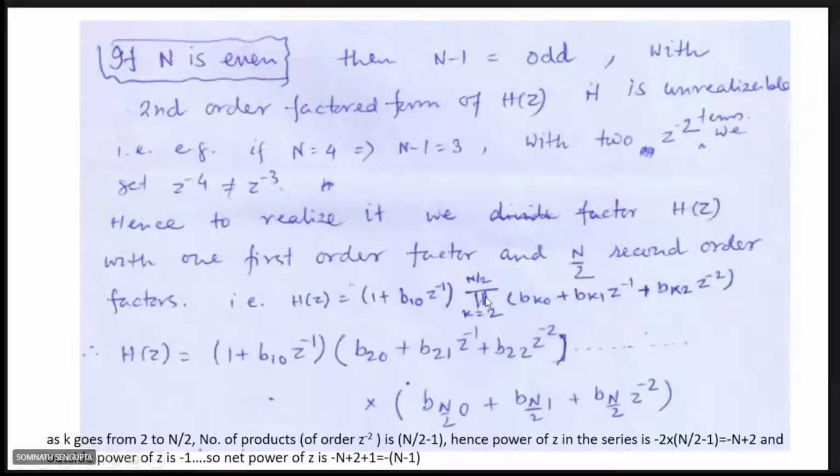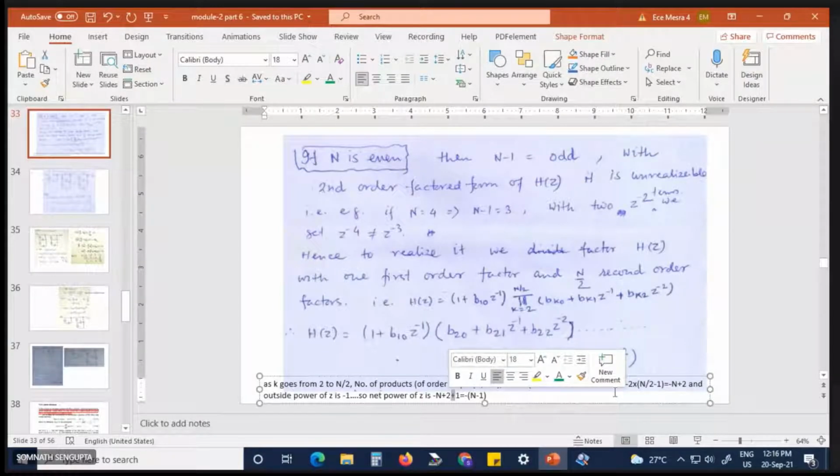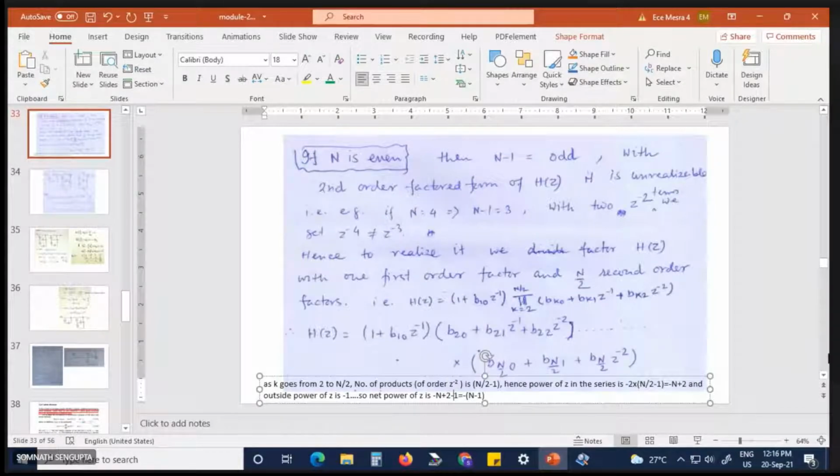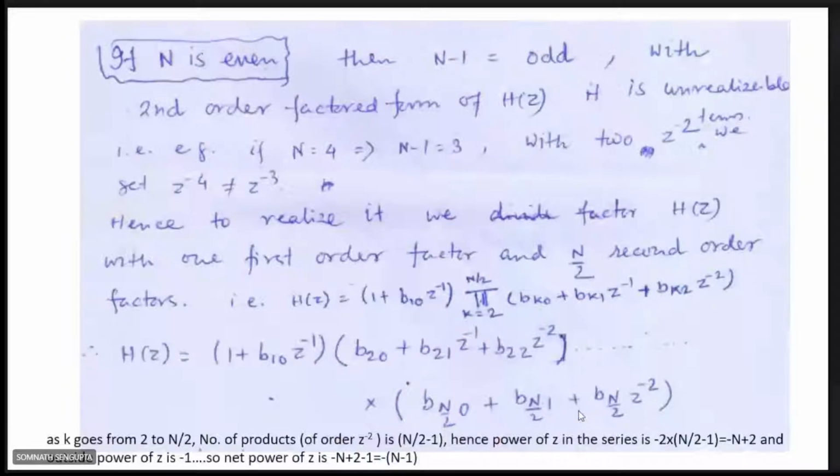So z to the power minus n plus 2 becomes minus n plus 2 minus 1, so it is minus n plus 1. You have to keep this in mind.